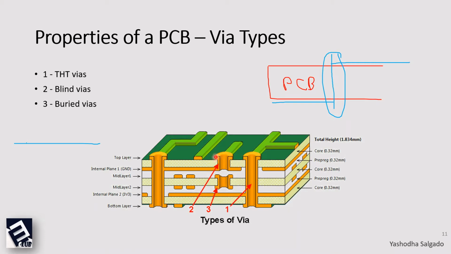So these types of wires we call blind wires, and buried wires are this one. You cannot see a footprint on either side of the PCB because it is totally internal, right? Buried wires are mostly used in PCBs of more than 8 layers, and blind wires also, right?